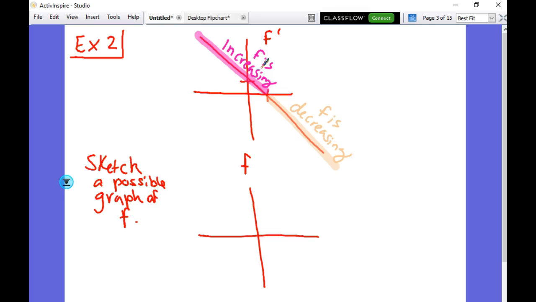If you say, "Oh, it's a parabola because it's going up and then down," what are you talking about? Well, the proper way to say it is, since f prime goes from increasing to decreasing, therefore f must be a parabola. So you want to be clear with your language because we're talking about two different graphs. If you say the word "it's," it means nothing.